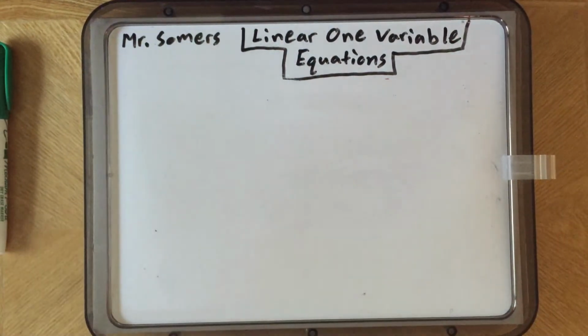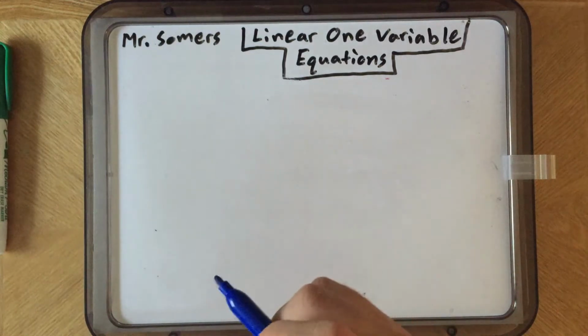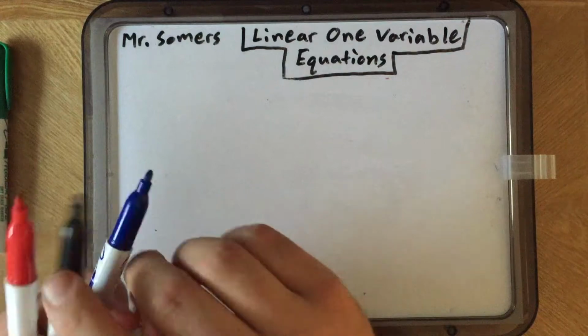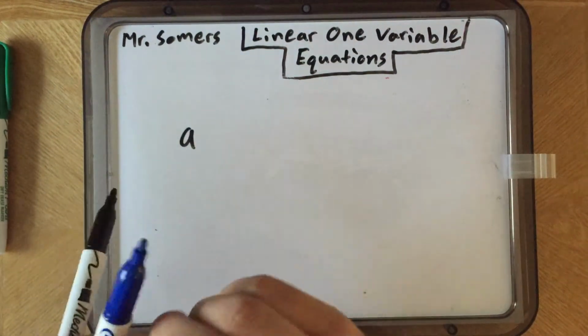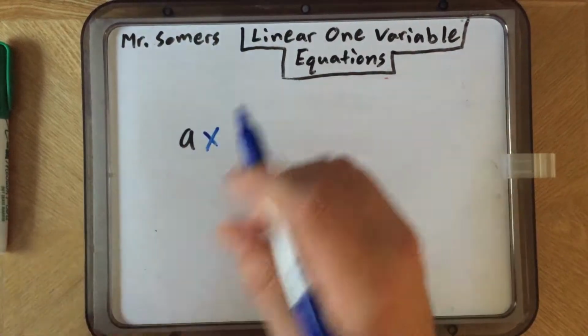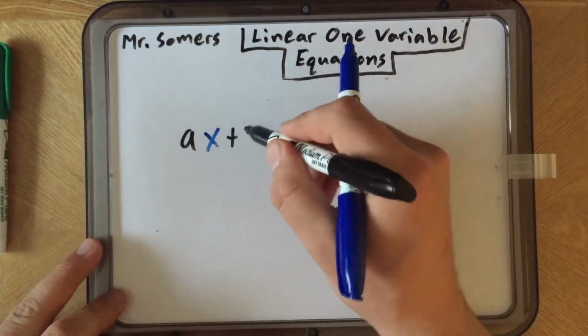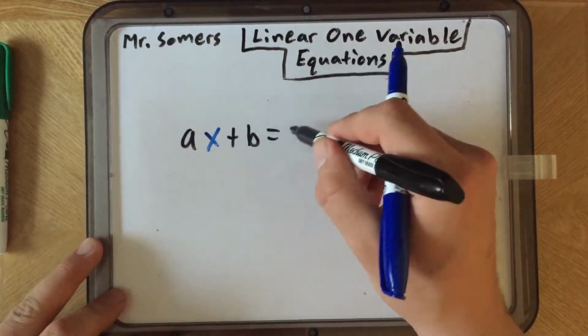So now let's start off with a linear equation. This is the basic form of a linear equation: ax plus b equals c.